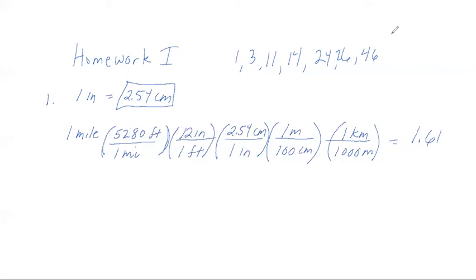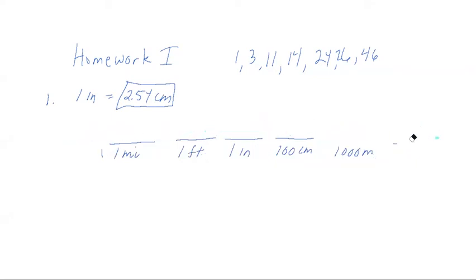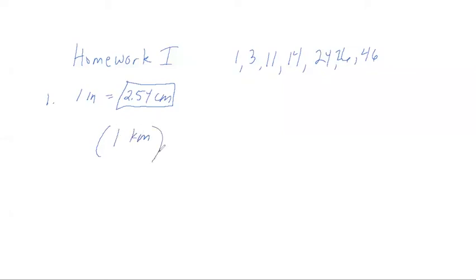Give myself some board space. B is how many feet in 1 kilometer? Okay. Here we go. 1 kilometer times 1,000 meters over 1 kilometer.